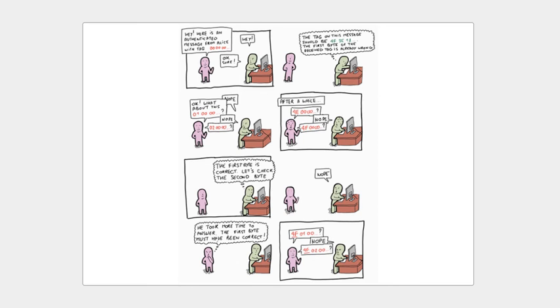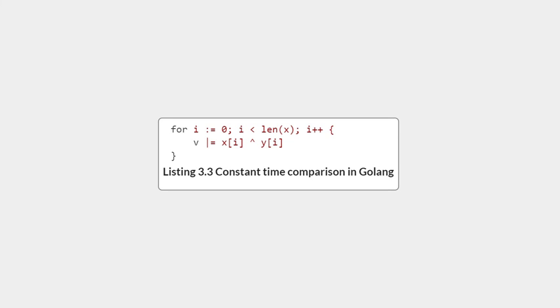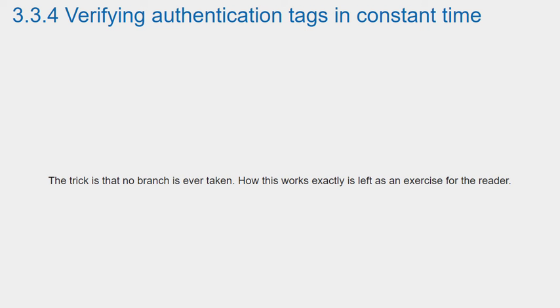Fortunately for us, cryptographic libraries implementing MACs also provide convenient functions to verify an authentication tag in constant time. If you're wondering how this is done, Listing 3.3 shows how Golang implements an authentication tag comparison in constant time code. The trick is that no branch is ever taken. How this works exactly is left as an exercise for the reader.